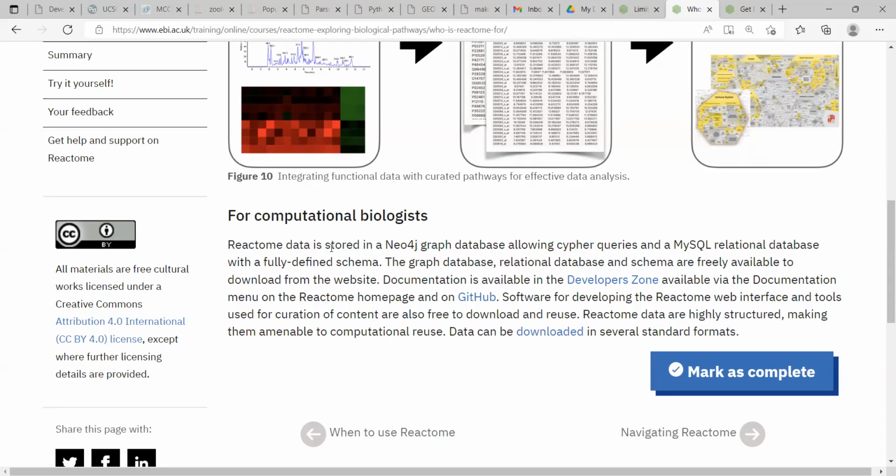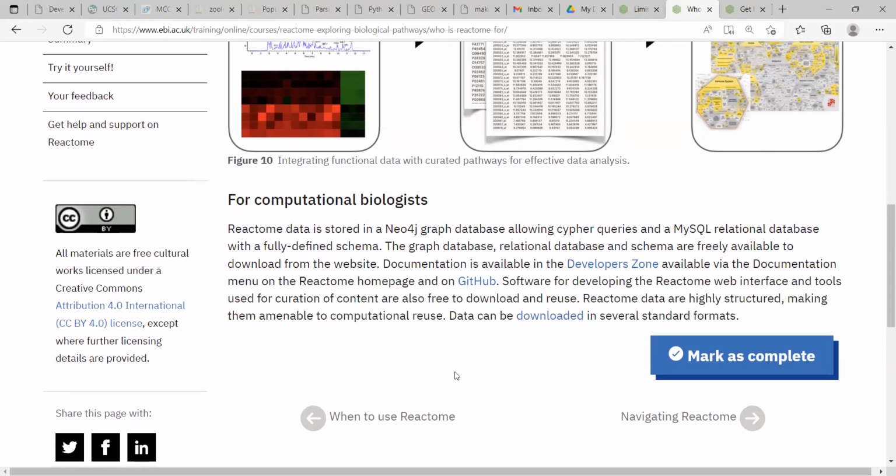This allows Cypher queries, and a MySQL relational database with a fully defined schema. So it is a relational database based on MySQL. I think you have heard about this query language. Reactome is also included in GitHub now, and this data can be downloaded in several standard formats.